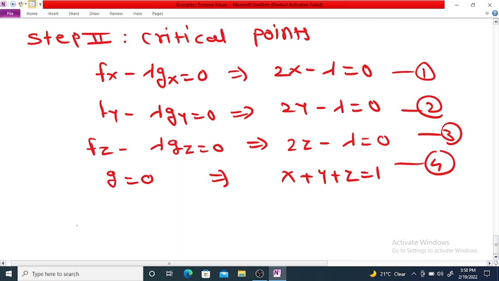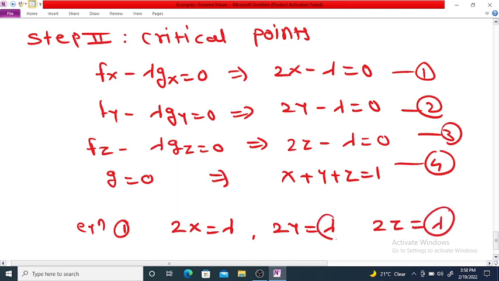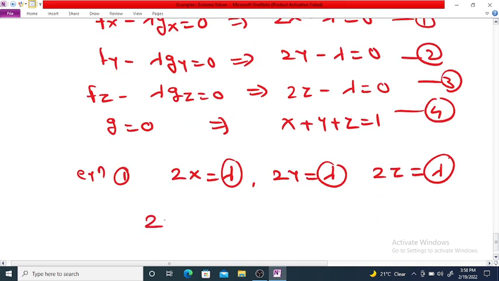the critical point. Now from equation 1 implies twice x is equal to lambda, from 2 twice y equal to lambda, and from 3 twice z equal to lambda. Now one side is equal implies the other side is also equal, so we get twice x is equal to twice y equal to twice z. So this implies x is equal to y equal to z.